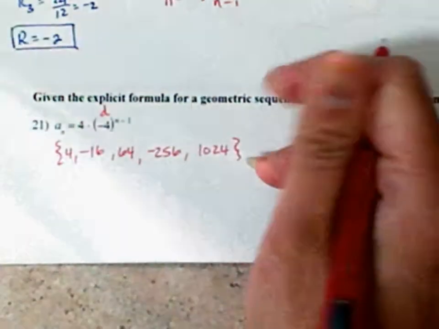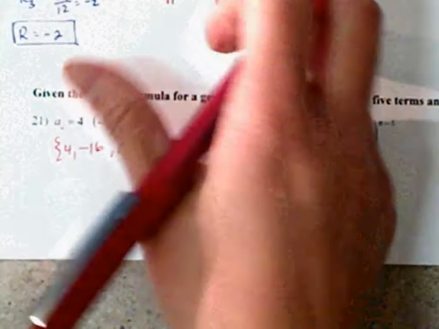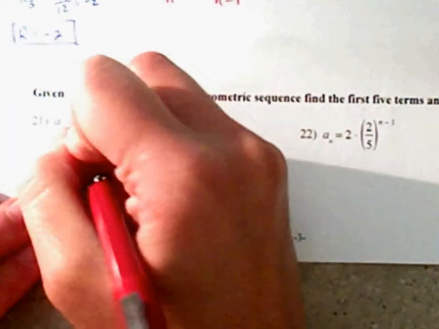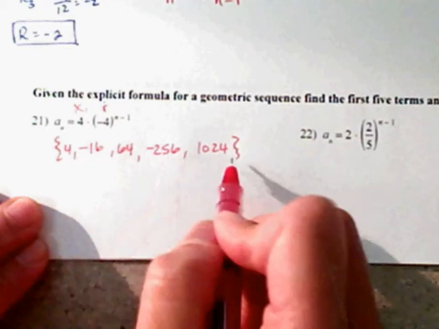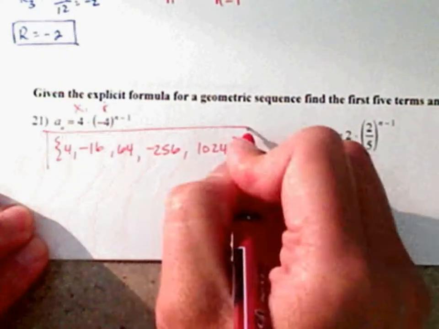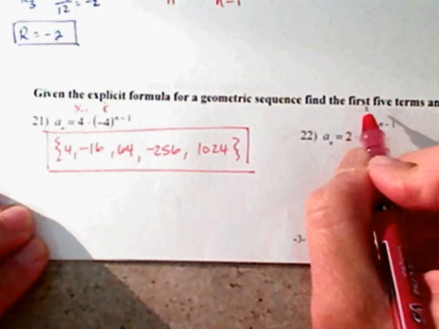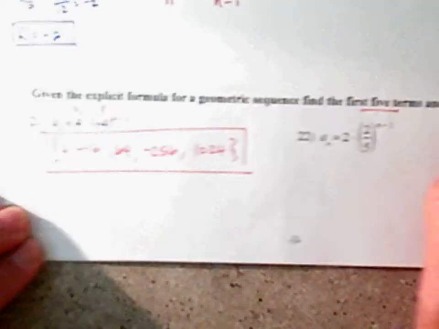This is geometric. Okay, this is your R, and this is your first term. So there you have 1, 2, 3, 4, 5.